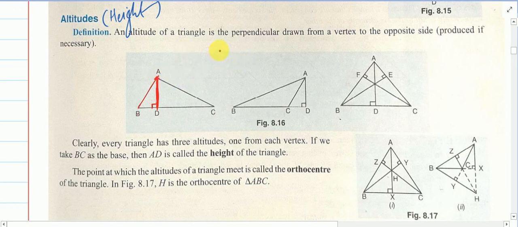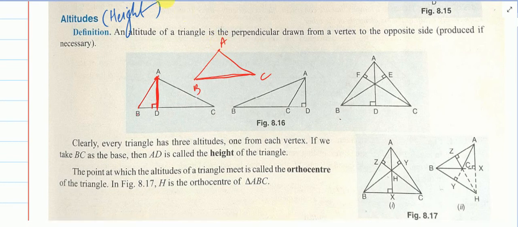I mean to say, this is a triangle A, B, C. Now taking this BC as base, find its altitude. In that case, you have to drop a perpendicular from this vertex. Done. So this height is there.